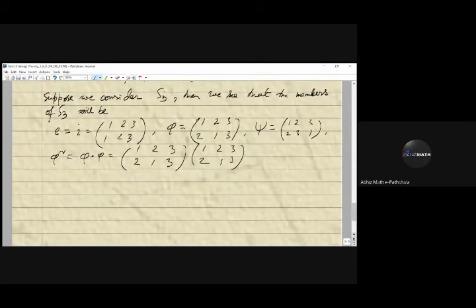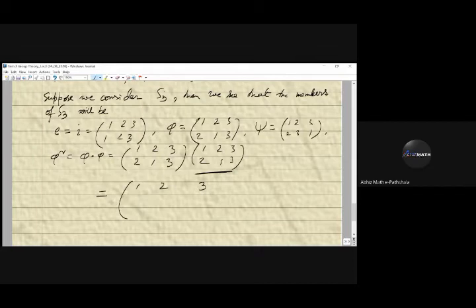According to the rule of composition, you need to check that. Just start from this side, so you just need to write down all the inputs 1 to 3.